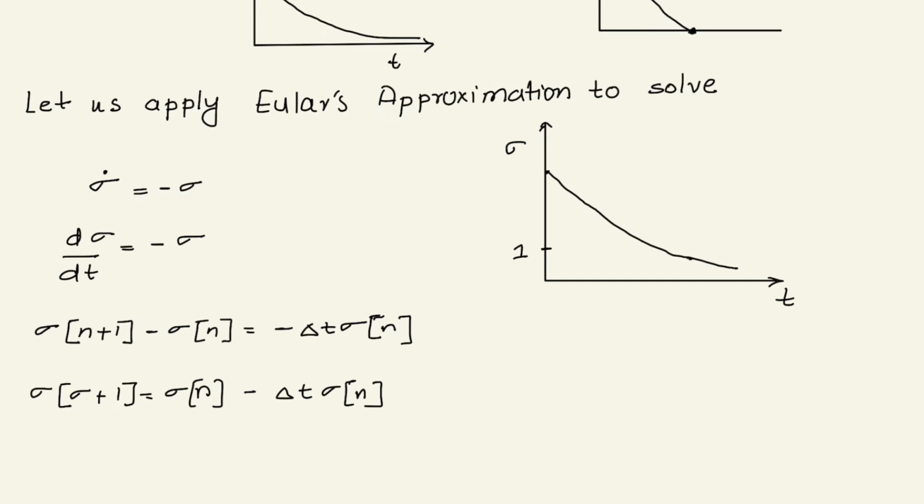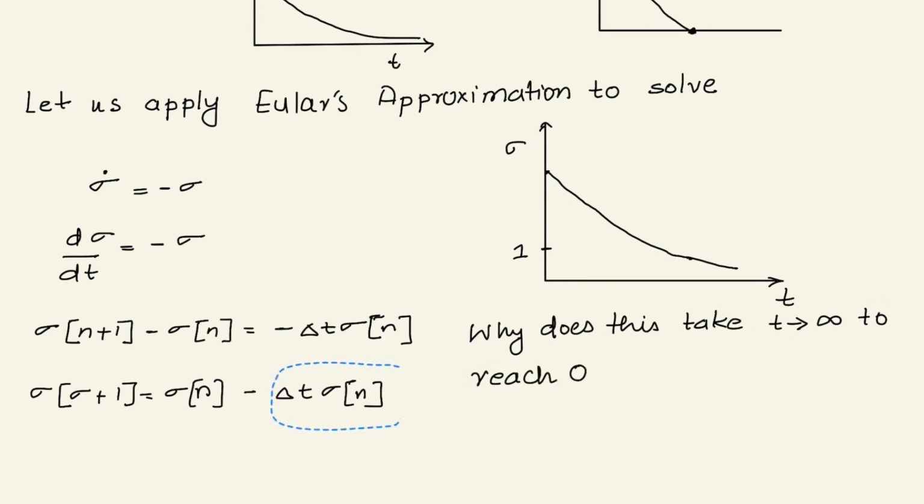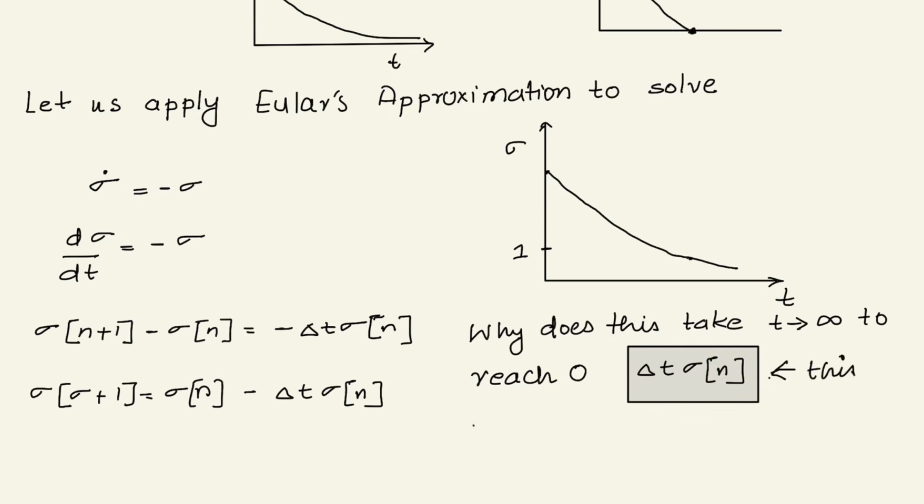As the value of sigma reduces, the factor delta t times sigma of present value becomes very small. Thus, the subtraction part becomes very small. So, the future value becomes almost equal to the present value.